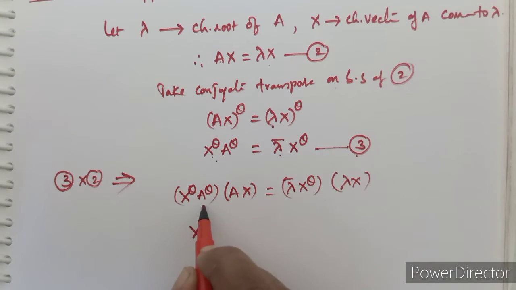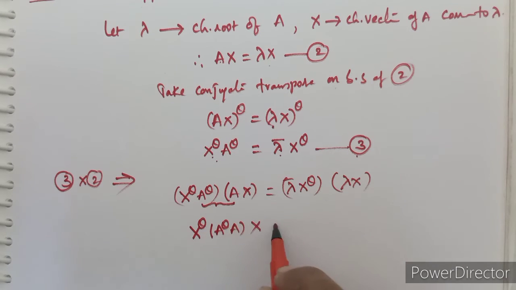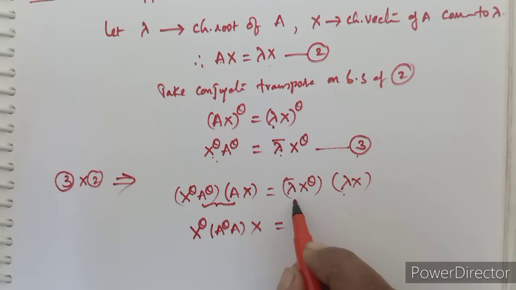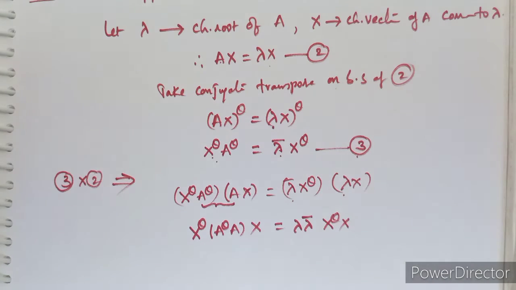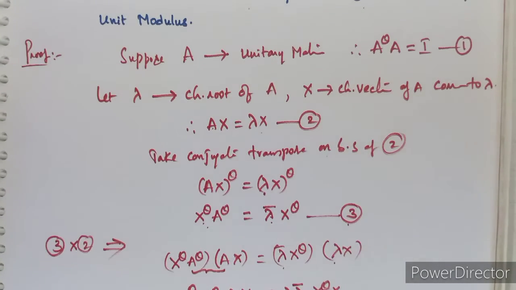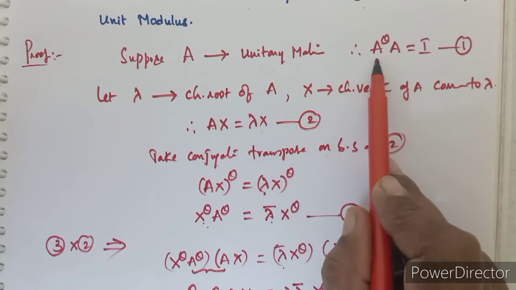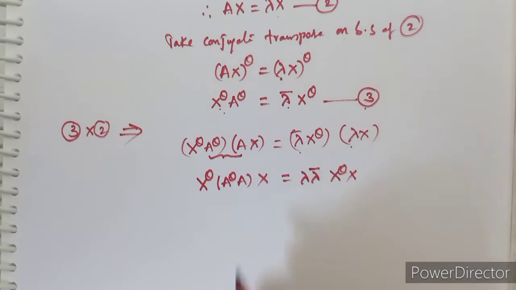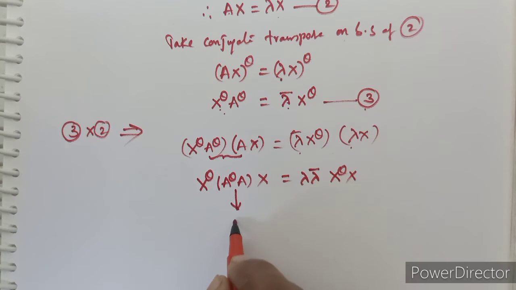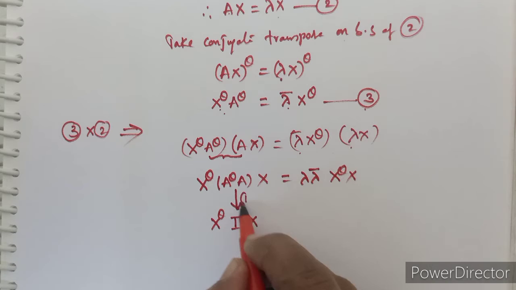X^θ, we write these two in one bracket: (A^θ A) x is equal to, since lambda and lambda bar both are scalars, we will bring them out, λ̄λ x^θ x. Since A is a unitary matrix, by definition A^θ A = I. Now we replace A^θ A by I from equation 1.